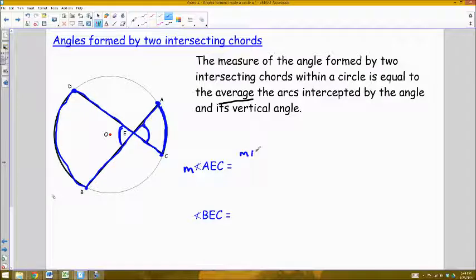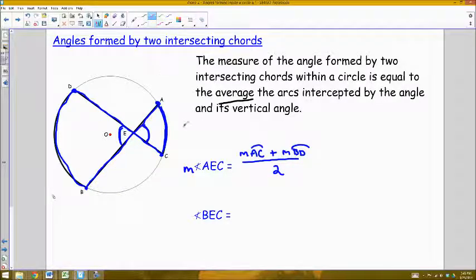So I'm going to say the measure of arc AC plus the other one is BD, the measure of arc BD, over 2. This angle is the average of those two arcs.